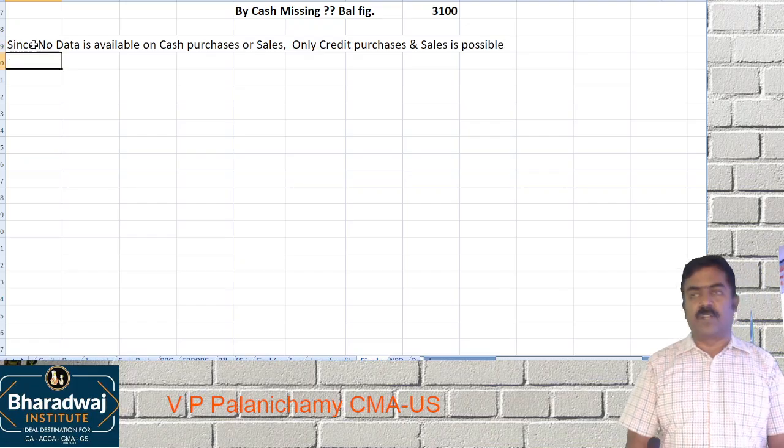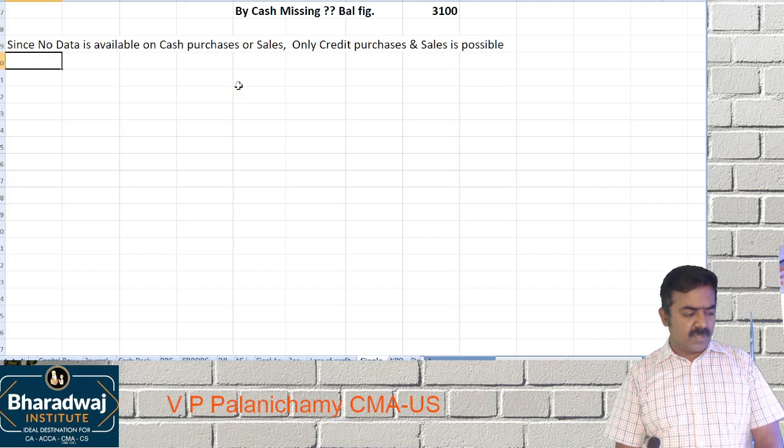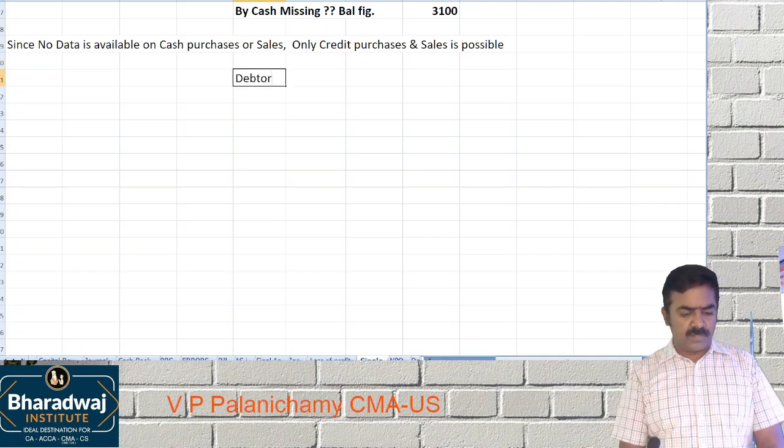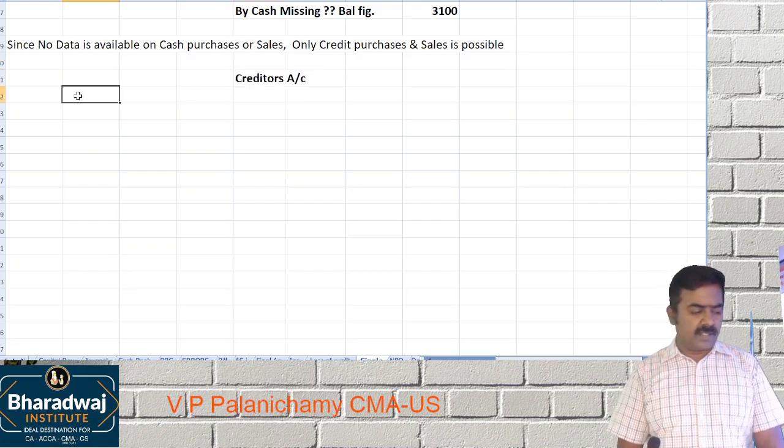And a balancing figure also should be taken as drawings. So let us start, everybody. Please start with which account? Creditors. Post all the maximum possible data in the creditors account.